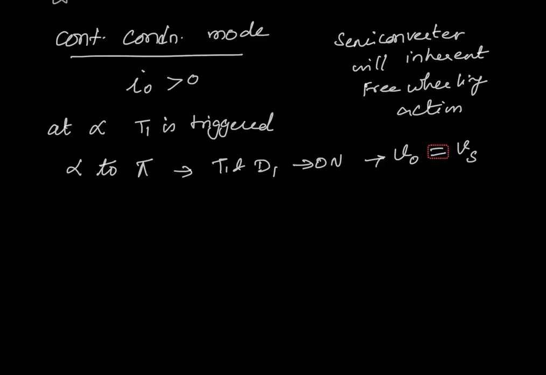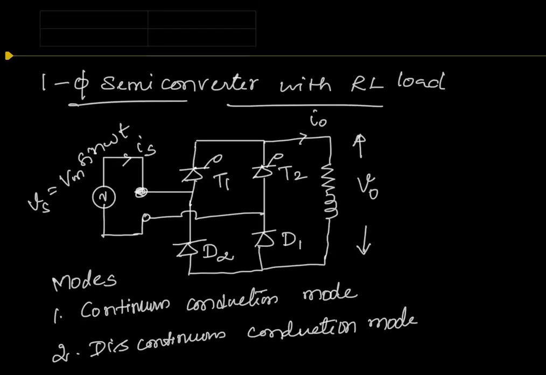This means that the thyristor T1 which was triggered will not be turned off at pi, because the load current is not 0, so T1 will continue to conduct. The I0 will flow through the freewheeling path formed by T1 and D2.